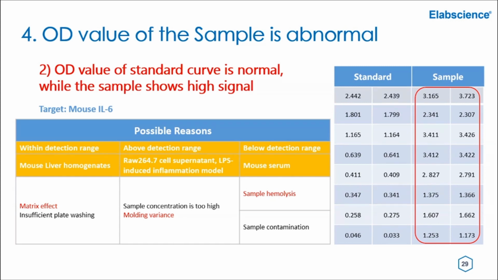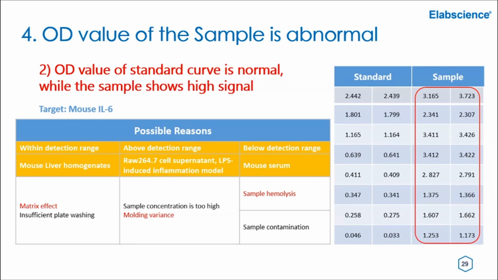Case number 2, if the sample is cell supernatant from model group, its concentration may be much higher than in the control group. And this result may be solved by diluting the sample.